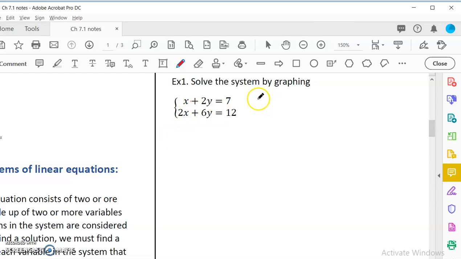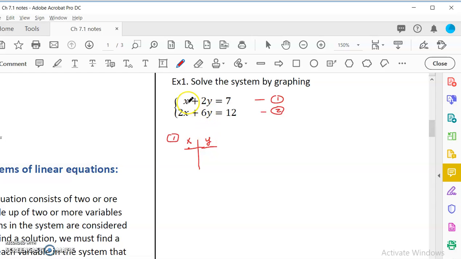First you graph both of them, so this is 1, this is 2. For the first one, the easiest way is to build a table of two points. Some people would just use slope-intercept form, if your intercept is good. Usually I would just do 2 points, with x and y.